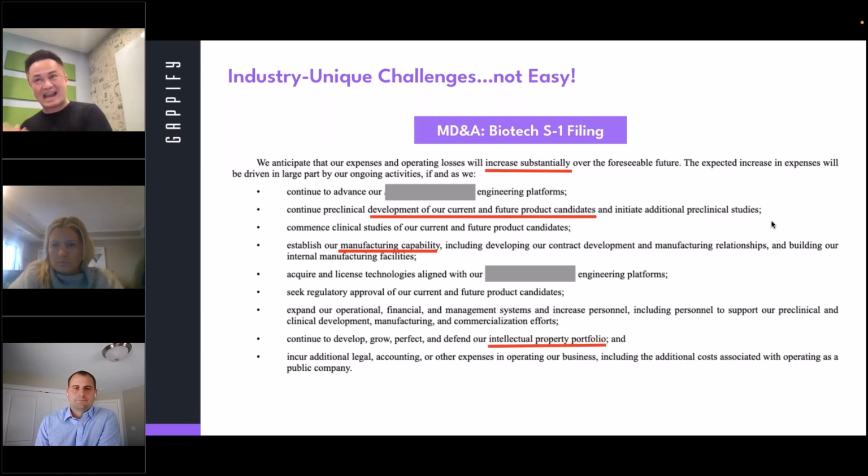You contrast that with something like SaaS, so we're a SaaS business. When you look at our spend profile, it's definitely got less layers than what you deal with in the biotech and life sciences space. In B2B SaaS specifically, most of our expenses are in headcount. Sure, we'll have G&A expenses, legal, accounting, and so on. And sure, we'll have Amazon or AWS and all types of technical charges.